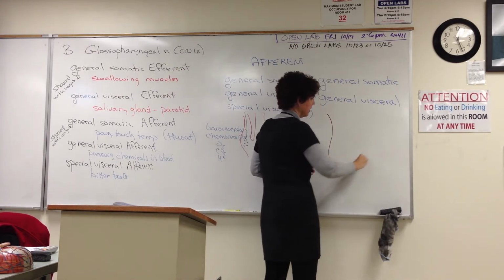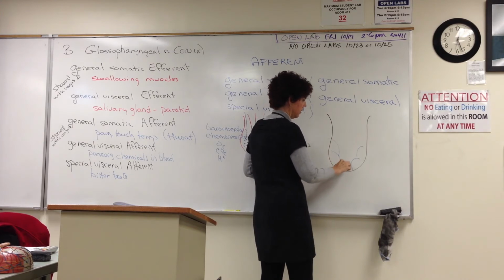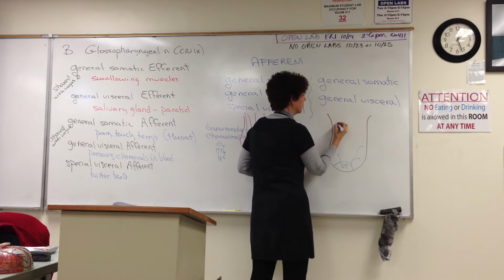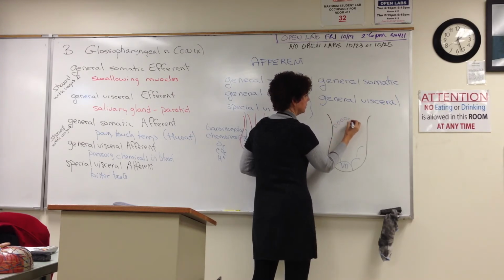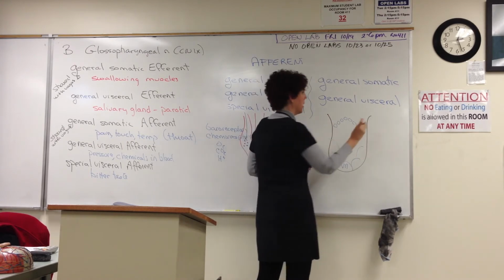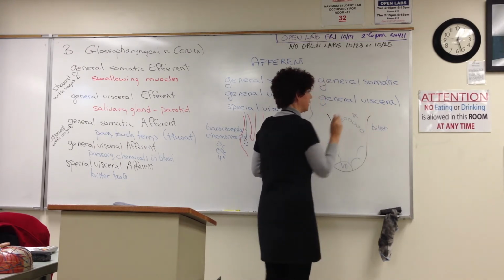So here is the tongue. Not a human tongue, but anyway. Sweet, salty, sour, done by cranial nerve 7. In the back are special structures with taste receptors for bitter taste, done by the glossopharyngeal nerve.